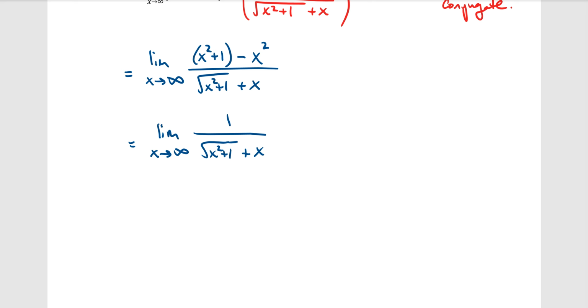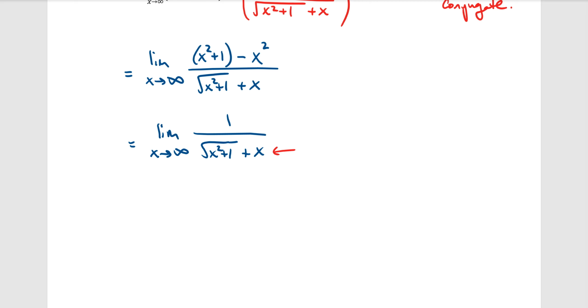Now we kind of have two options here. We could divide by the highest degree in the denominator, which would be x, and see what happened, but we would have to divide this by x, this by the square root of x squared, and then this by x. You can do that. Maybe go ahead and practice that, see what happens. Let's think about this one logically. As x goes to infinity, the numerator is going to stay at 1, right? Because it's just constant, it's a 1.